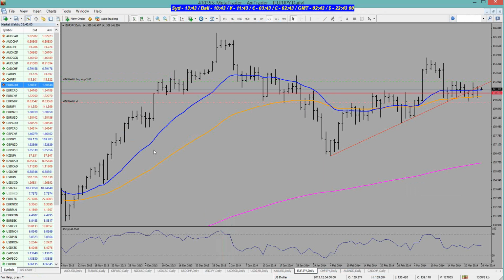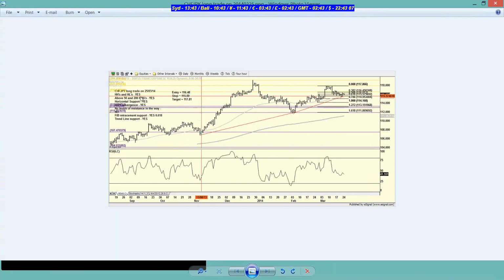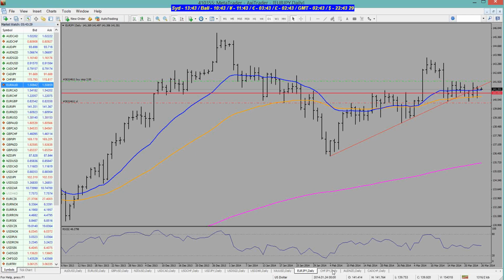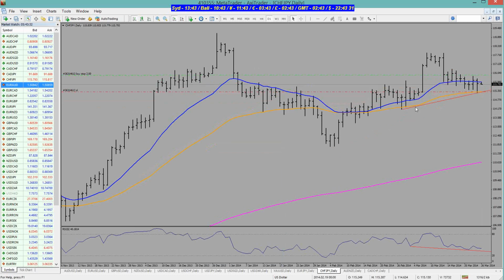Swiss yen, long trade, higher highs above, yes, divergence, no, levels, Fib retrace at 618, trendline support, yes. It's got a kink in it.